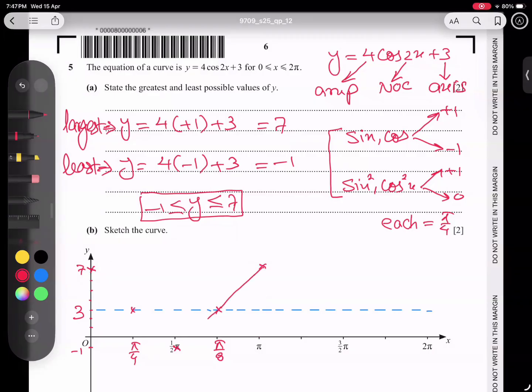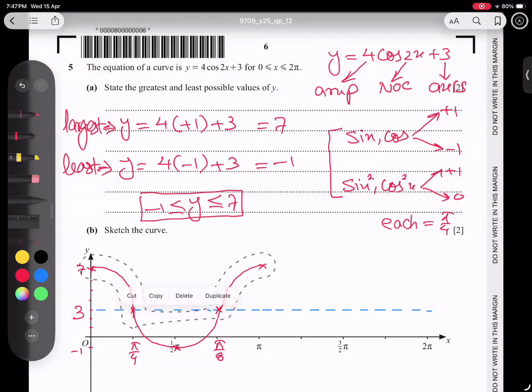Okay. Some students join this way, total wrong. You never join this way. So how to join it? This, and this. And the rest of the curve, I will just copy paste. I'll paste here.